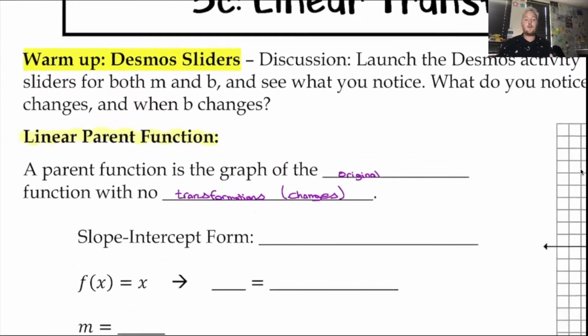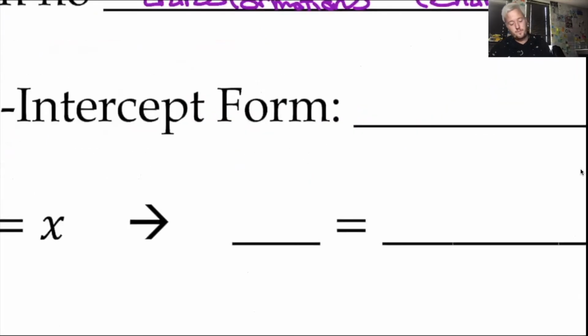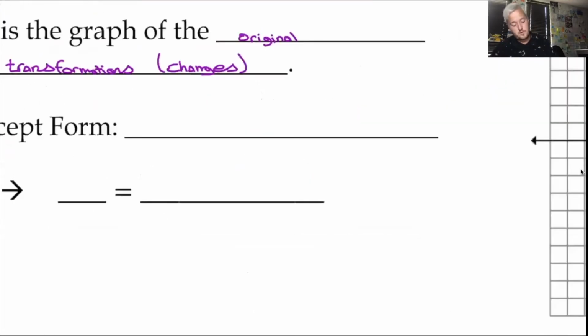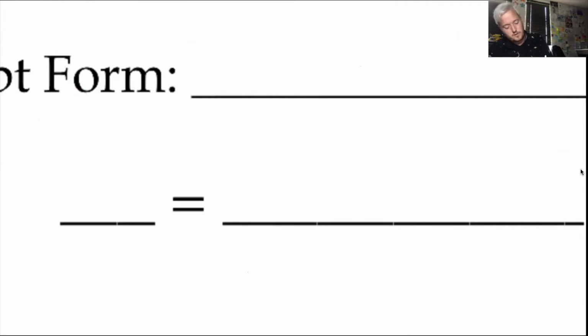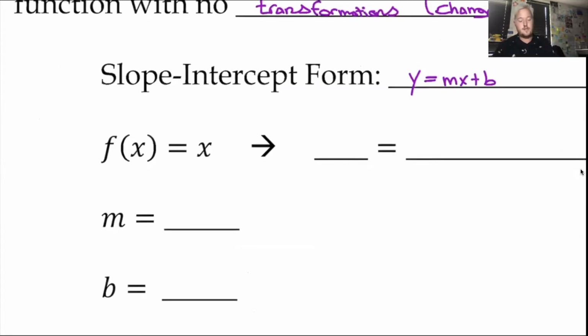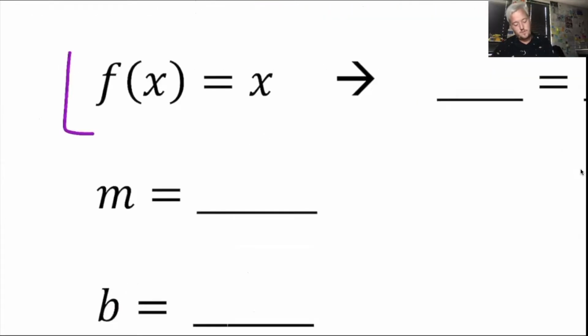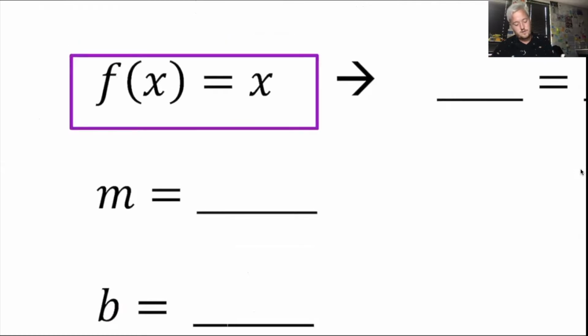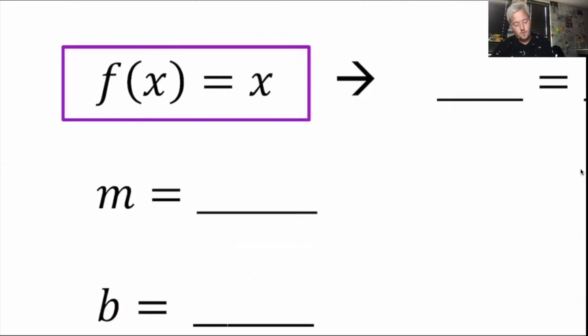So the parent function in slope-intercept form, well, first off, we're going to go over slope-intercept form. If you remember from the previous lesson, we have y equals mx plus b. For your parent function, it is f of x equals x, or y equals x.